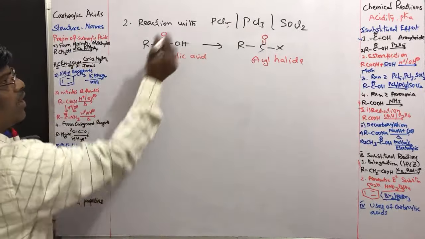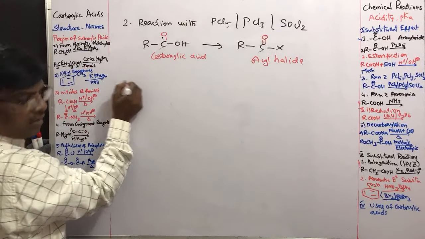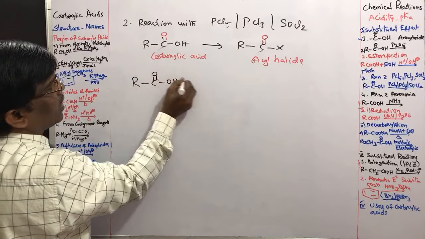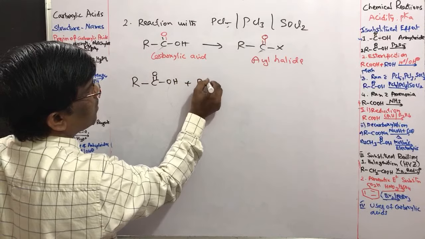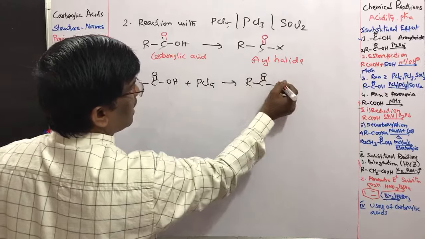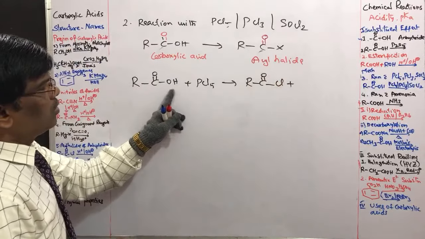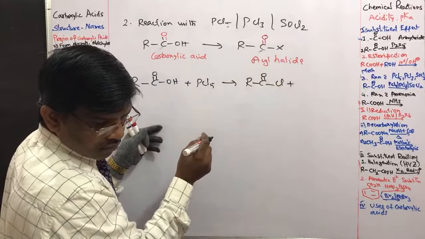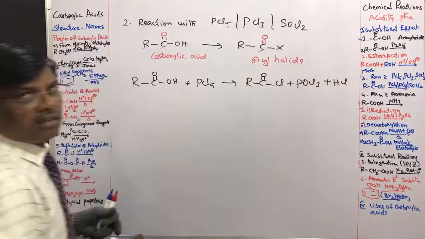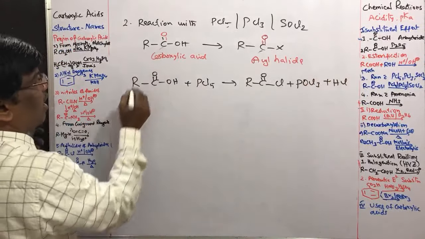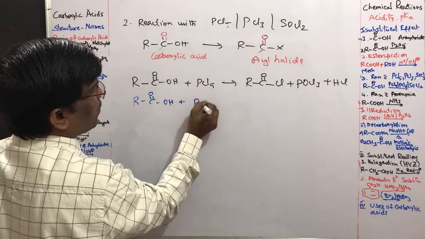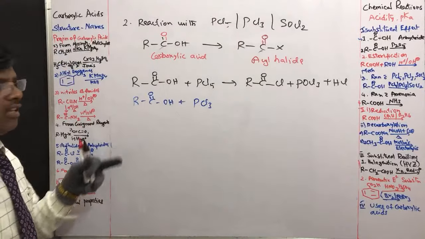Among these, if I use PCl5, phosphorus pentachloride, with carboxylic acid, I am going to get RCOCl plus POCl3 plus HCl. Yes, students. Or if I use the same acid plus PCl3 or PBr3, I can use PBr3 also.